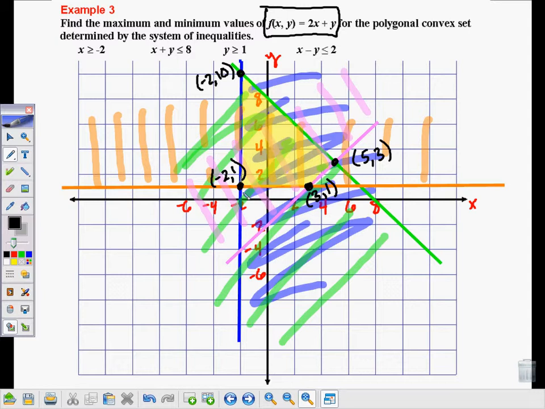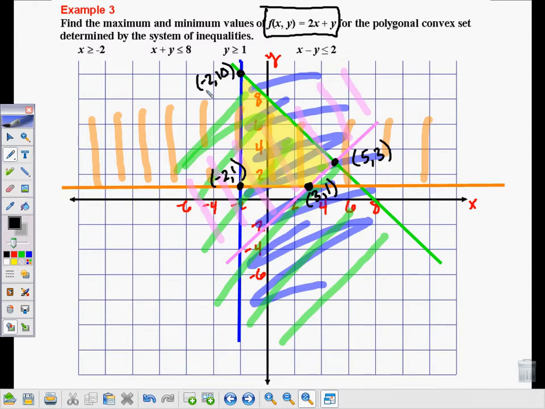And one of those vertices will give us a maximum value, and one will give a minimum value. So we don't have to spend all day plugging in an infinite number of points. The maximum or minimum value for what we will later call in linear programming the objective function will come from one of the vertices being plugged in. So we need to plug each of those into our function and see what happens. I'll do that work off to the side here.